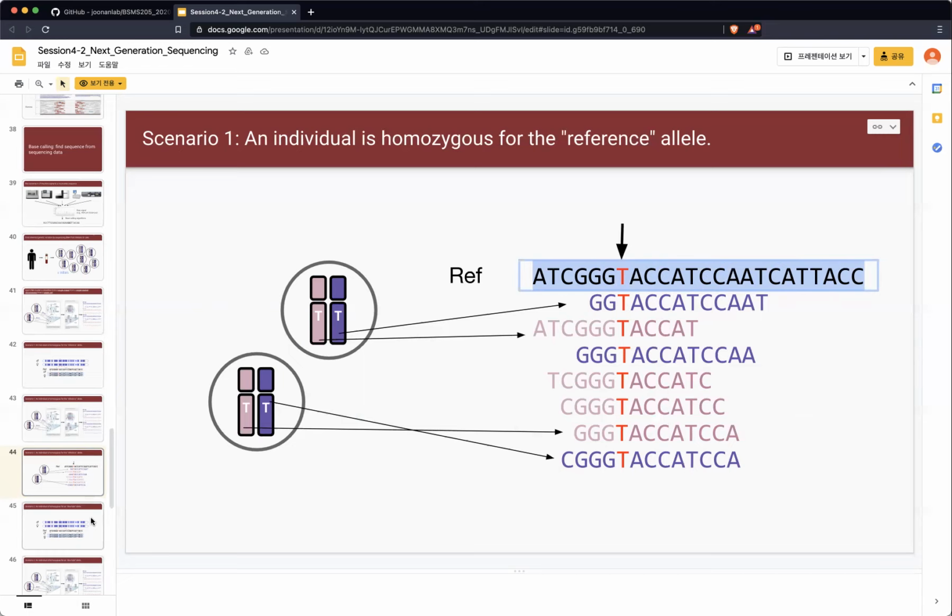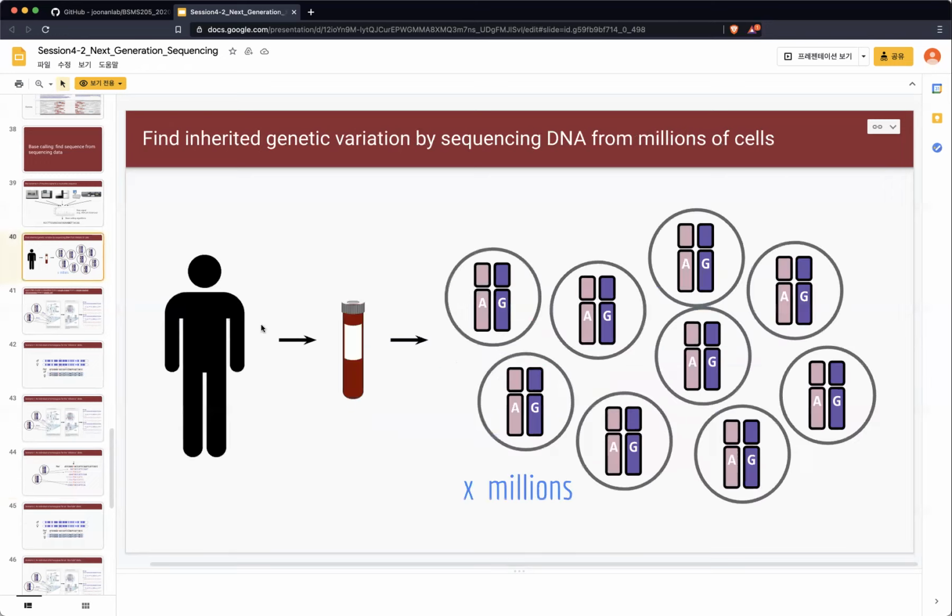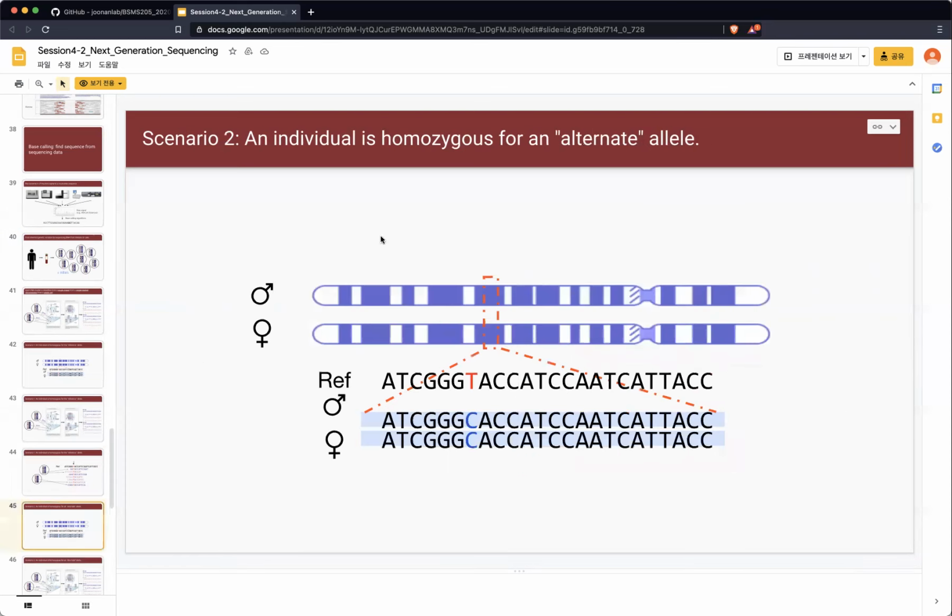Okay, so this is scenario 1. And the second scenario is the individual you used for your sequencing. So let's say this individual has the homozygous allele for the alternative sequence, which is different from the reference sequence. So the reference sequence is T, but your sample's genome has C and C, right?